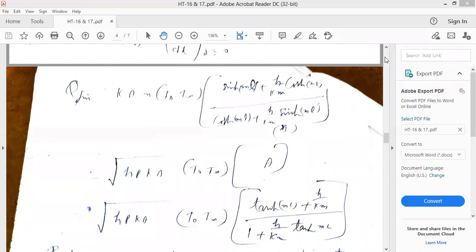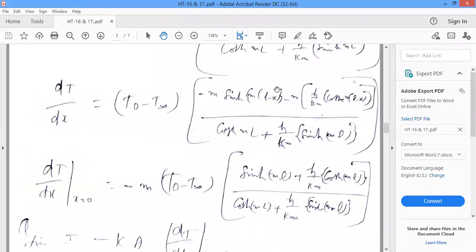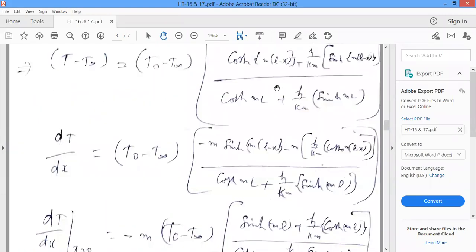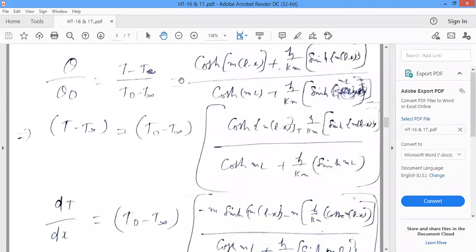Yesterday we derived the temperature distribution equation for the short fin, where heat is also lost at the fin tip.